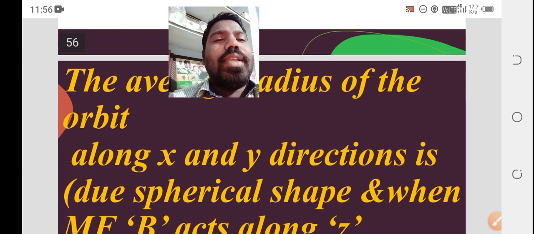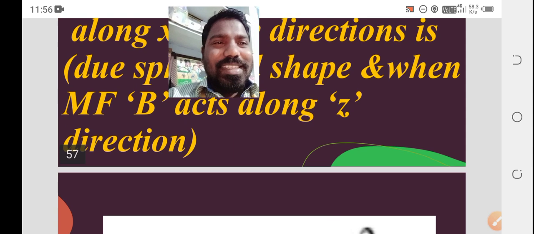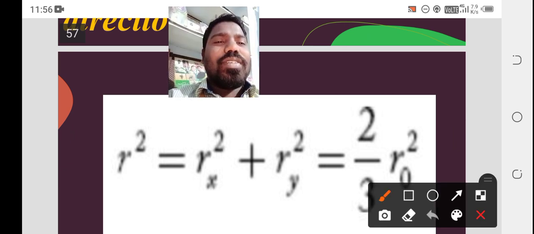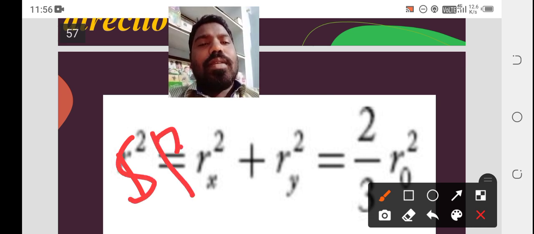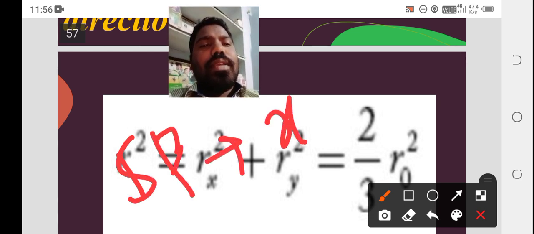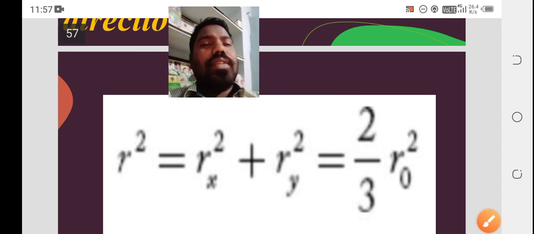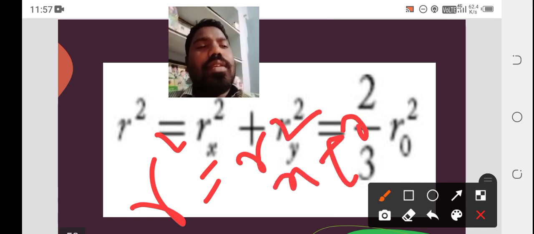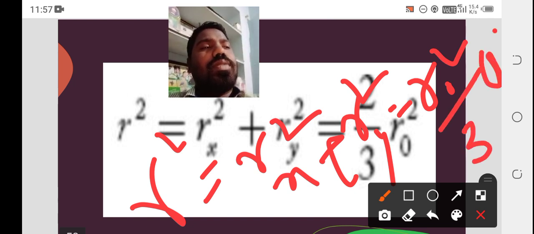The average radius of the orbit along the xy directions is considered as r square equal to Rx square plus Ry square, which is 2 by 3 R naught square.